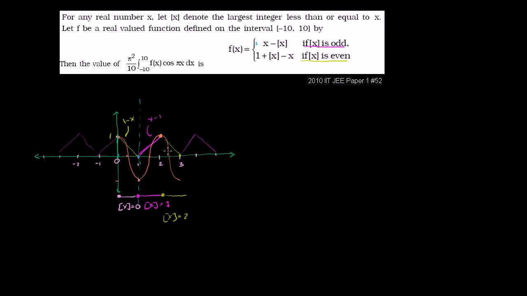Over every interval, when you go from 2 to 3, the integral from 2 to 3 is clearly the same thing as the integral from 0 to 1. Both functions look identical over that interval, but it'll also be the same as going from 1 to 2, because it's completely symmetric. When you take the product of the functions, it will be completely symmetric around this axis. So the integral from here to here will be the same as the integral from there to there.